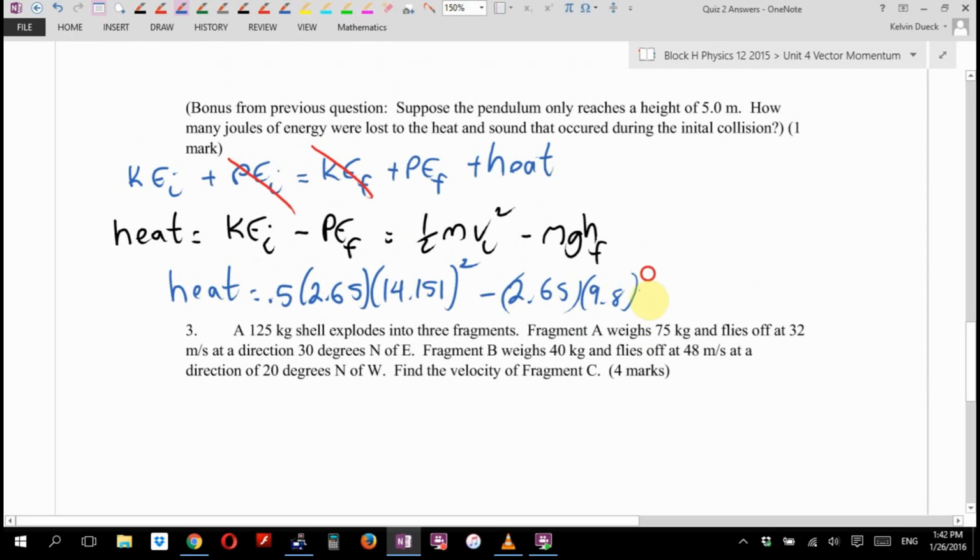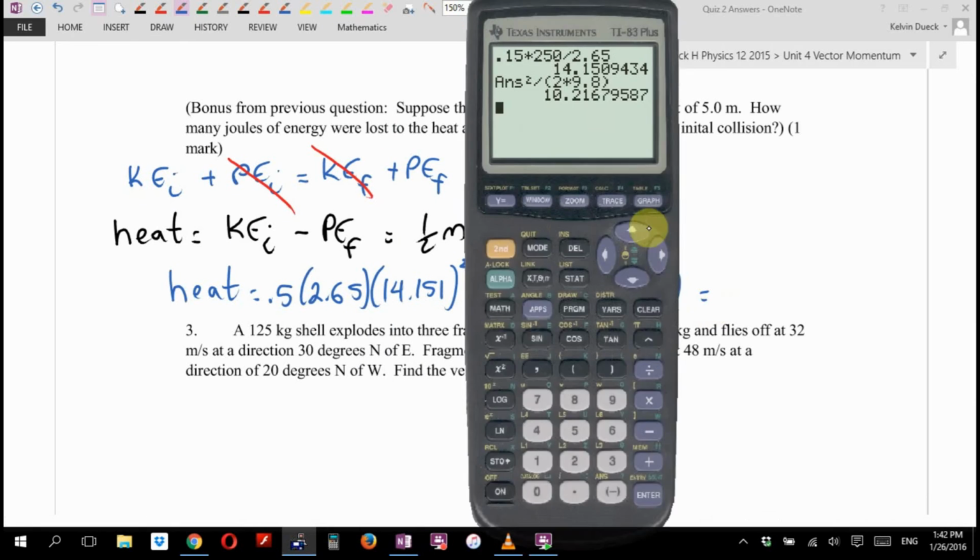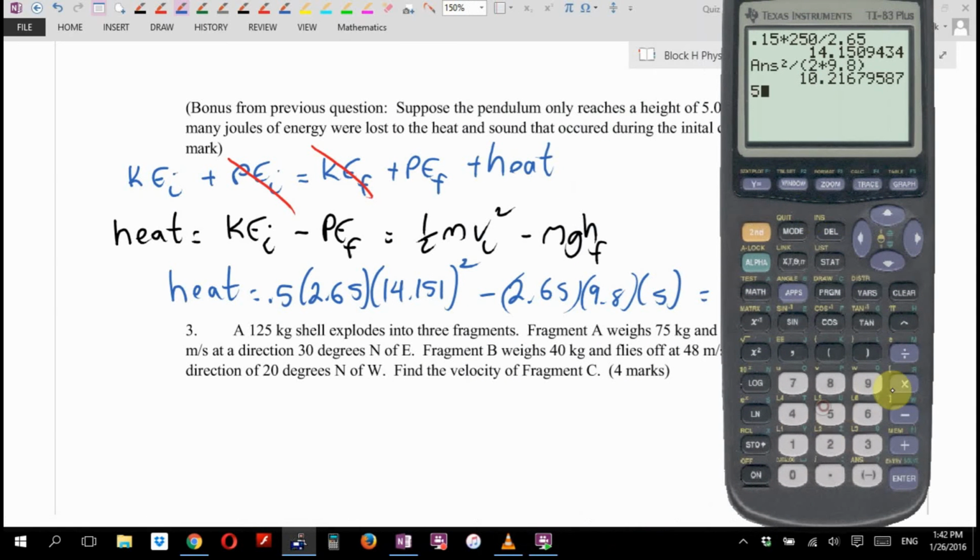How high did we get? Only 5 meters. How much was lost? Let's find out. A half times 2.65 times 14.151 squared minus 2.65 times 9.8 times 5. You get 2,523 point... I'm going to go 2520.